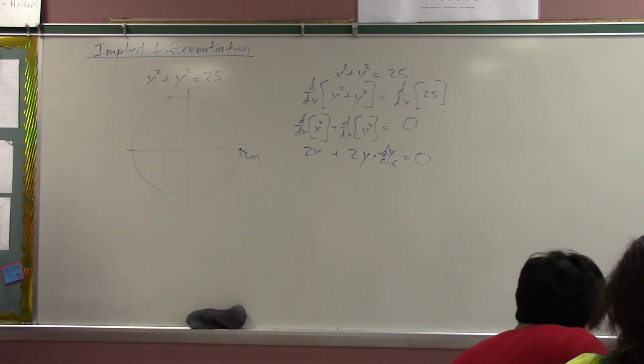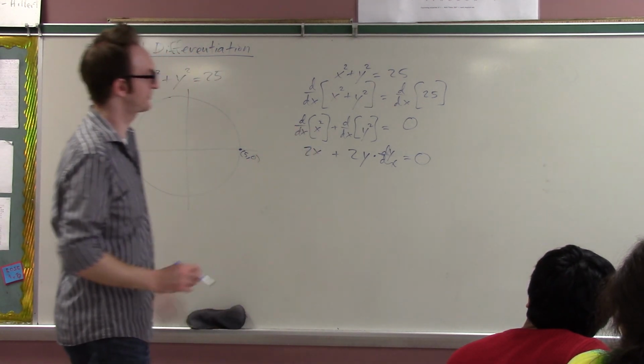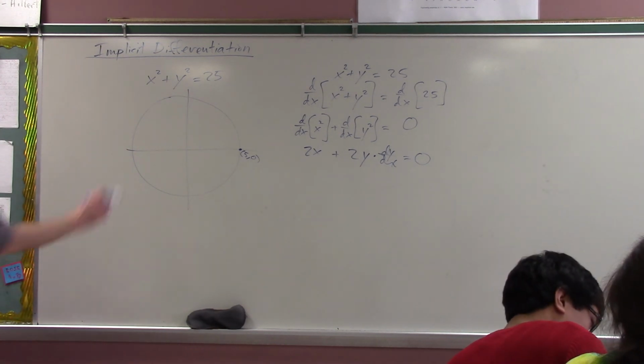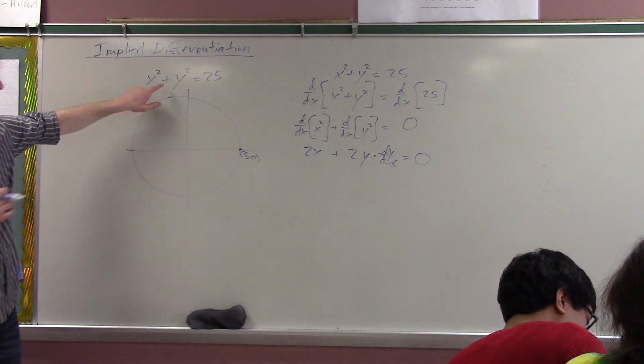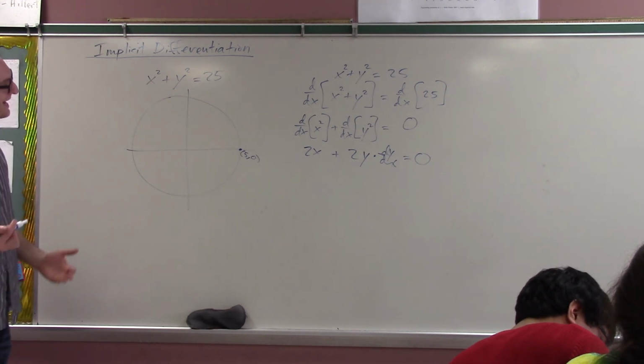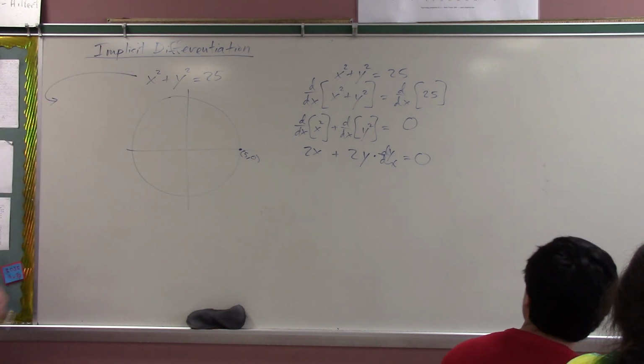This is kind of weird. The reason why this is called implicit differentiation is because what we have here is actually not really a function. This is a relationship between x and y. It's the circle relationship. But in certain cases, I could, if I wanted to, solve for y.